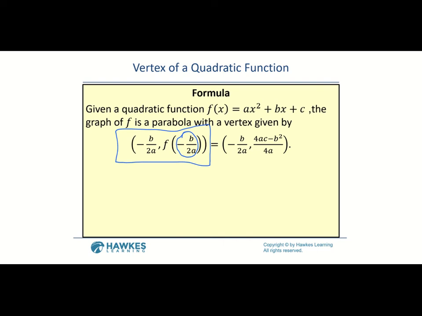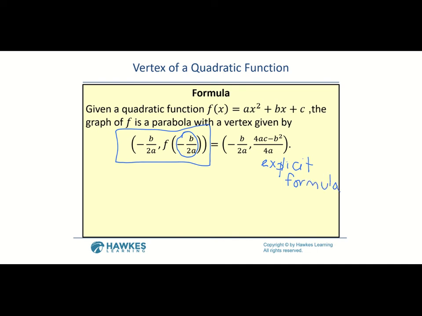For h, we still do the opposite of b over 2a, and for the y value we use the explicit formula, which is 4ac minus b squared, over 4a. So it's similar to the quadratic formula, but not quite. And again, that is our explicit formula. So I'll write that out for you. I know that did not turn out very well.